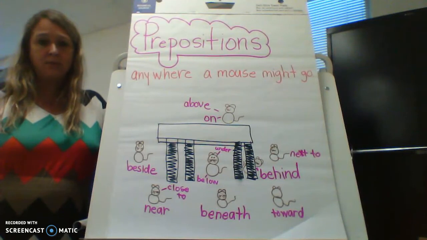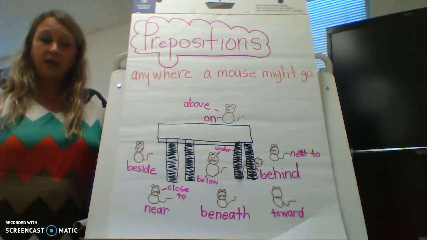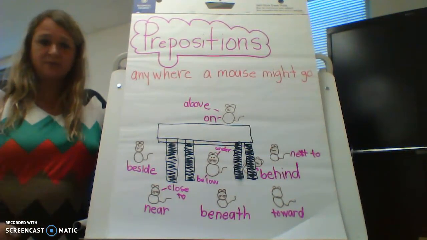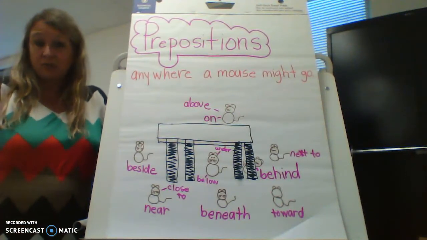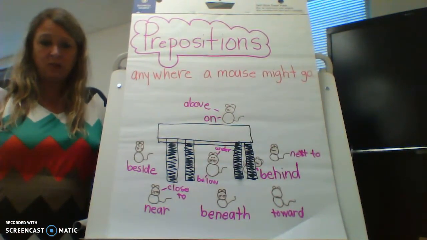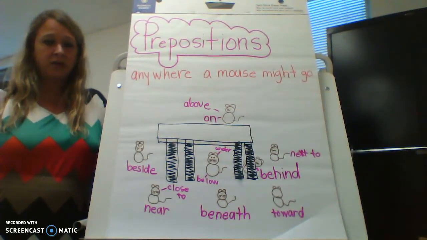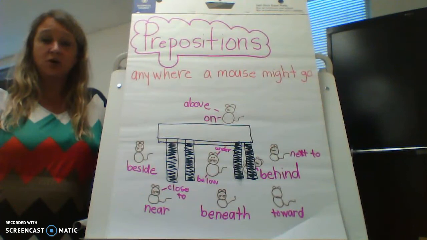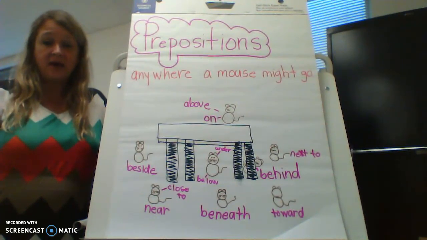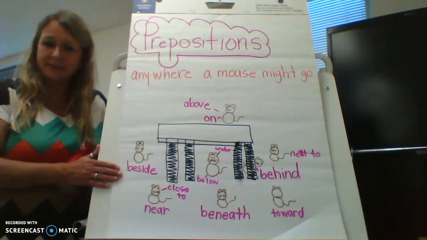There are many, many prepositions. But we need to remember a few of them so that our writing can be more interesting. Every time we write, we can add a new detail or a new word. Prepositions tell where a noun is located, or anywhere a mouse might go.